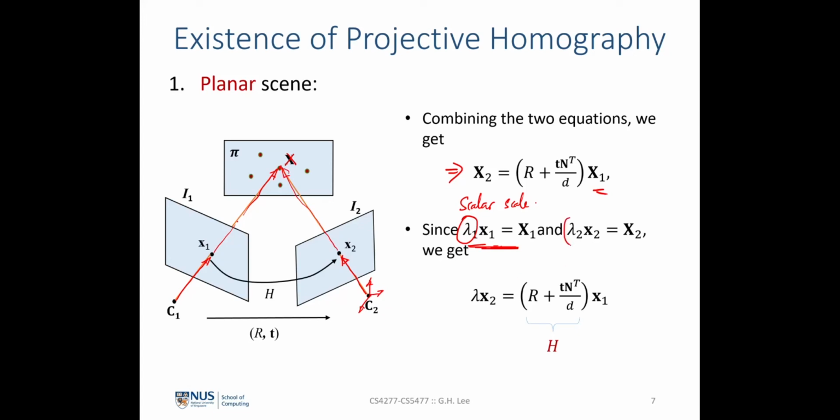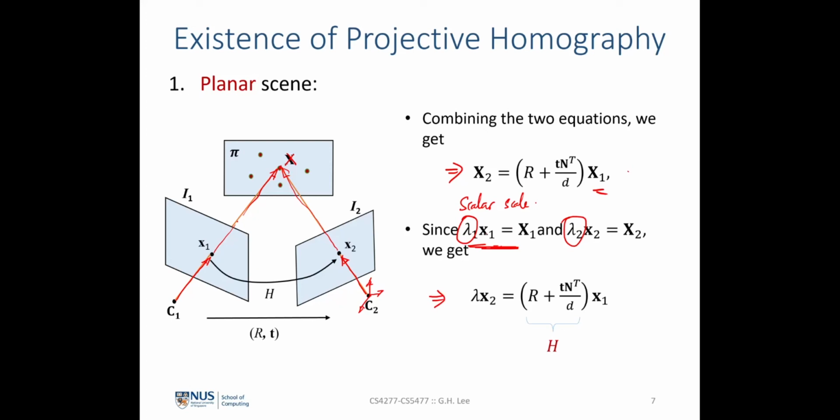Hence, that is another scale, lambda 2, here. And substituting these two relations with the scale into the equation that we have obtained from combining equation 1 and equation 2, I would end up with this particular equation here.